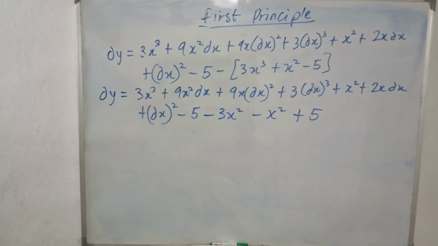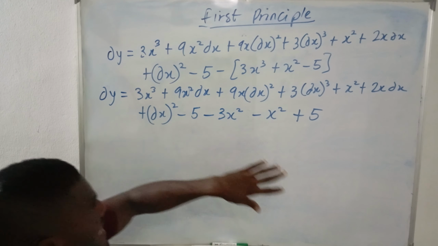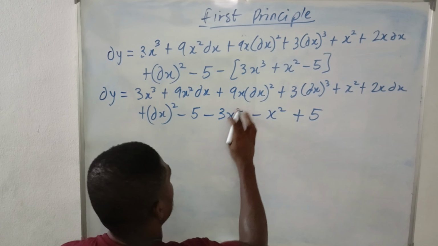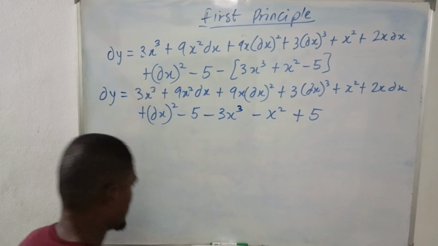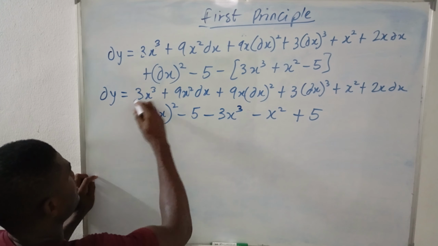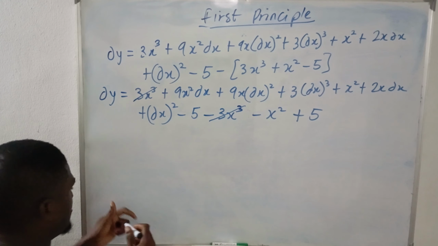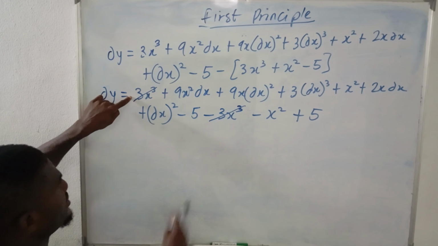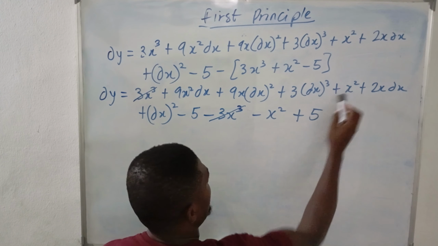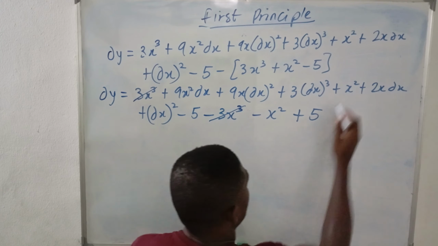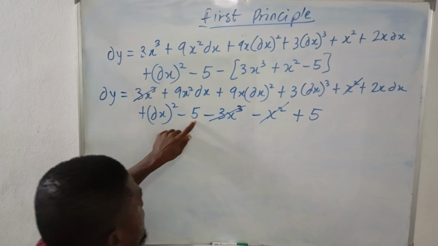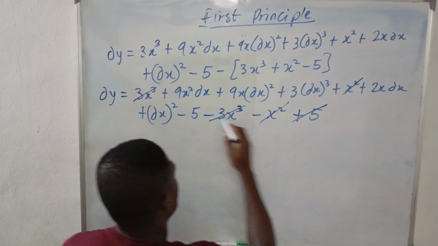Alright, so at this point, we now look at like terms. So these and these are like terms, so they're going to cancel out. One is positive and one is negative. Again, like terms, one is positive, one is negative. Then we have 5, one is negative, one is positive, so we cancel out.